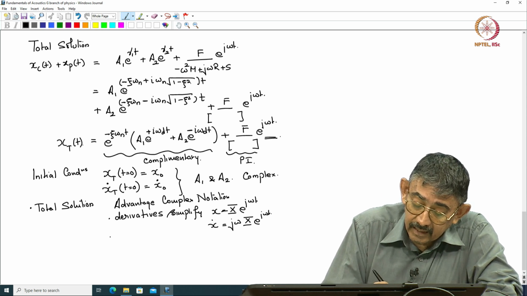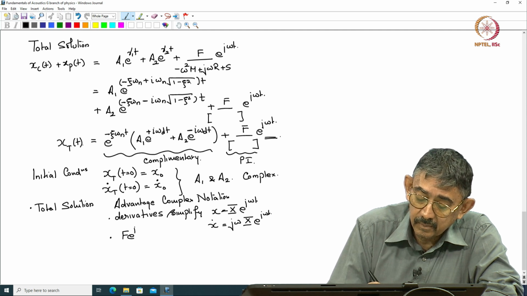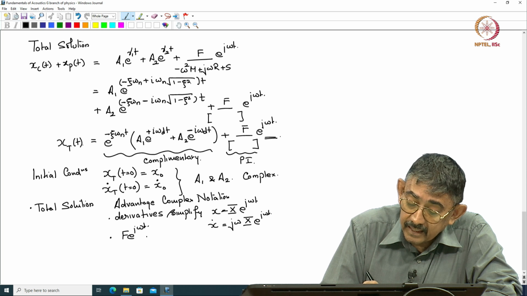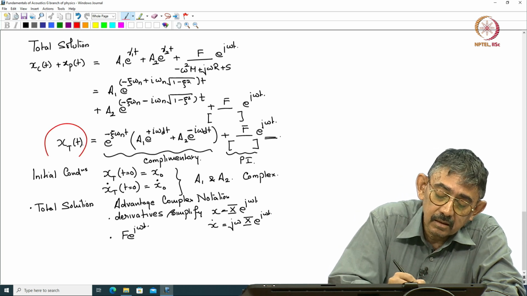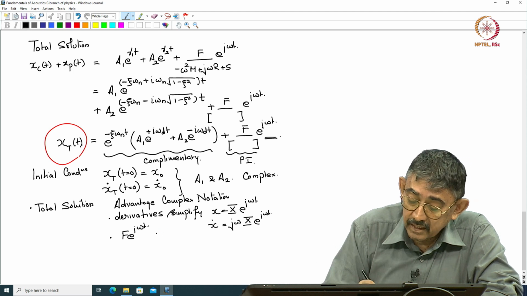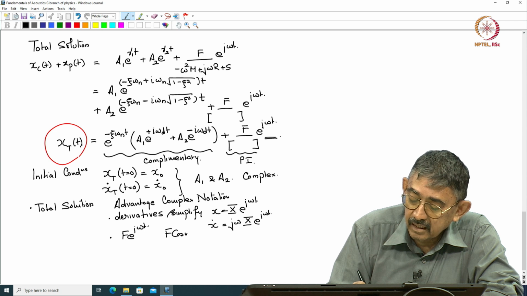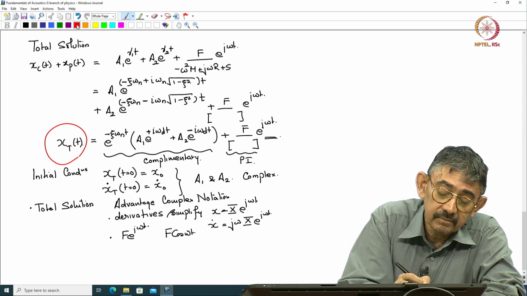The other advantage is that if I force the system using f e to the power j omega t, finally when I have my answer, like here I have my answer, if I consider the actual forcing to be f cos omega t, then I just take the real part of this solution.